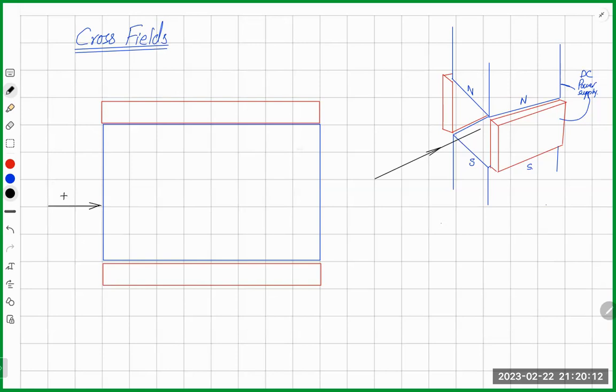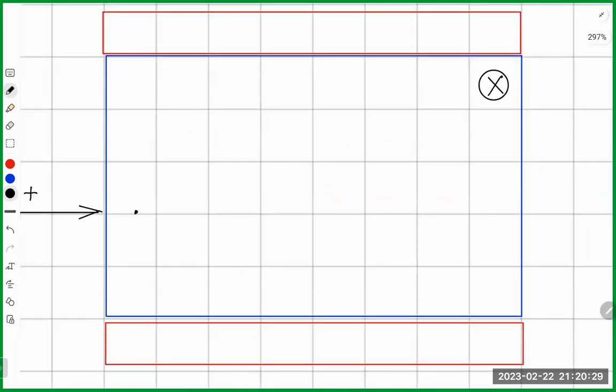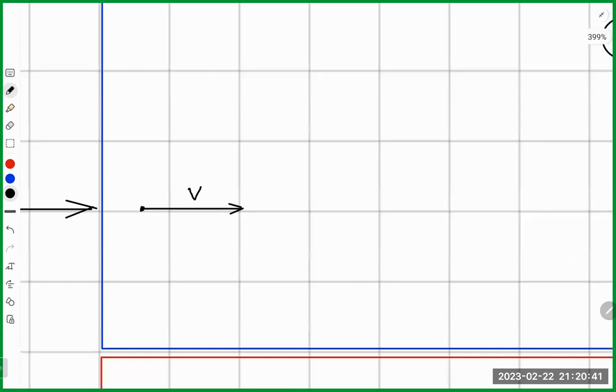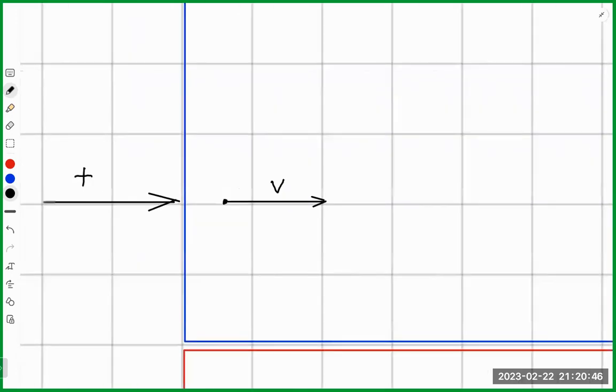There is a magnetic field. A cross magnetic field means it is into the plane of the paper right now. So if there is a magnetic field into the plane of the paper, and there is a charged particle which is moving to the right, what should be the direction of magnetic force on this charged particle?